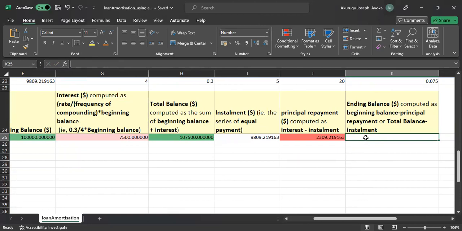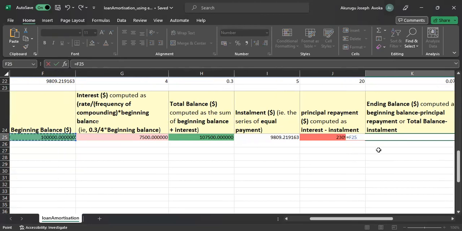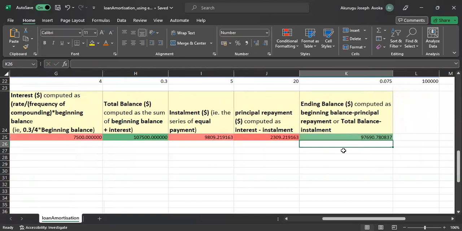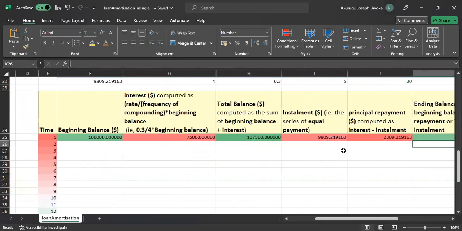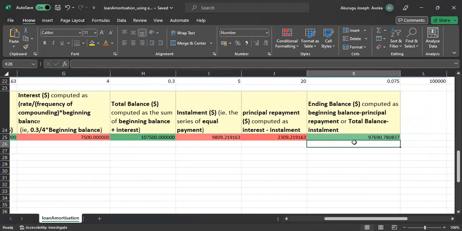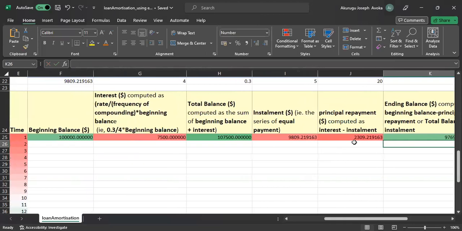Then your ending balance is always equal to the beginning balance minus the principal repayment. Then you hit enter, and you get that. I think we are through. The ending balance for a previous period becomes the beginning balance for the next period.